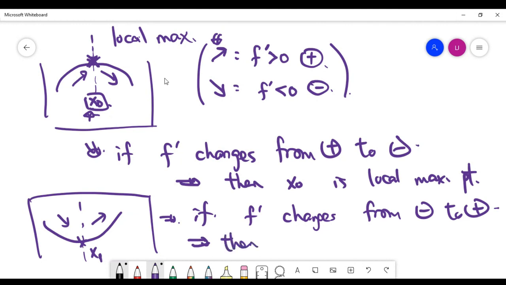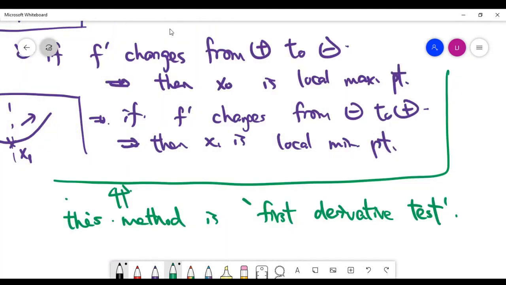And this test that we use, detecting whether the first derivative is changing sign to get the points which are either local maximum or local minimum, is called the first derivative test. First derivative test means you need to find the local maximum and local minimum based on f prime, and you need to detect whether f prime is changing sign at a particular point.